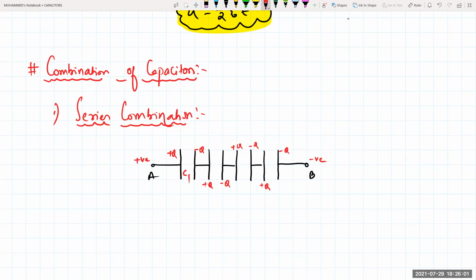Capacity of this one is C1, this one is C2, this one is C3, this one is C4. The potential of this one, from here to here, is V1, this is V2, this is V3 and this is V4.